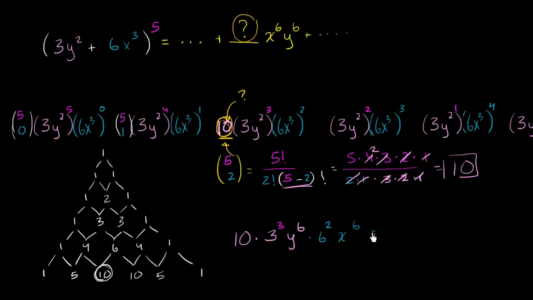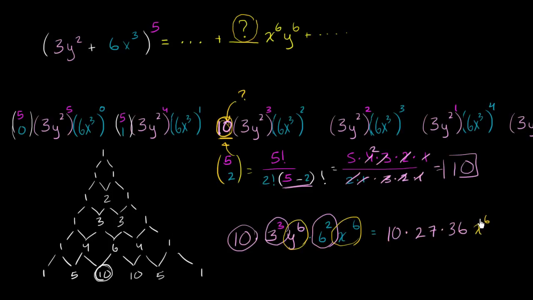And so this is going to be equal to 10 times 27 times 36. And then we have, of course, our x to the 6th and y to the 6th. So this is essentially 270 times 36.